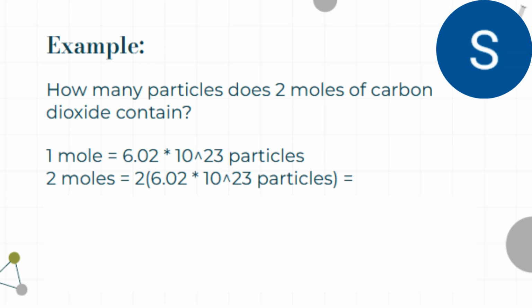So based on this, if we were to calculate the amount of particles in 2 moles, we would have to multiply the amount of moles by the amount of particles in 1 mole, which is what is shown here. We do 2 times 6.02 times 10 to the power of 23 particles to get a grand total of 1.204 times 10 to the power of 24 particles.